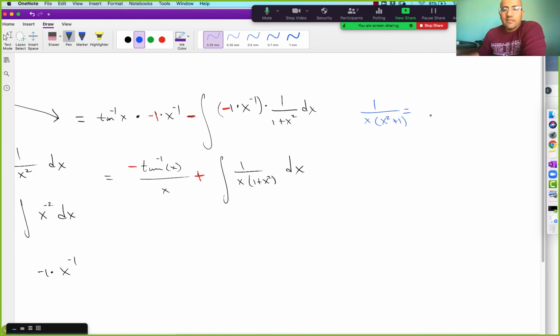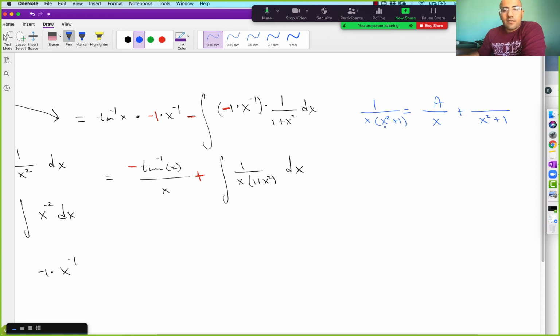So this has to be equal to some fraction with an x, and there's a constant in the numerator, plus, and then the other one is going to be x squared plus 1. Now, this cannot be factored any further. If it was x squared minus 1, we know it factors, but because it's an x squared plus 1, in order for this to factor further, we'd have to go into the imaginaries, right?